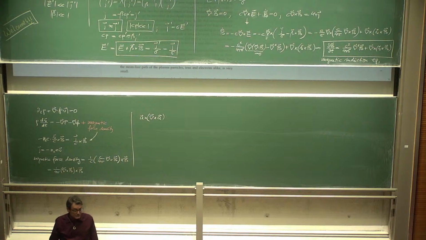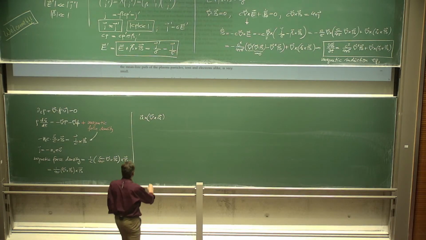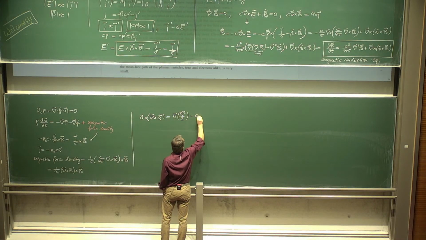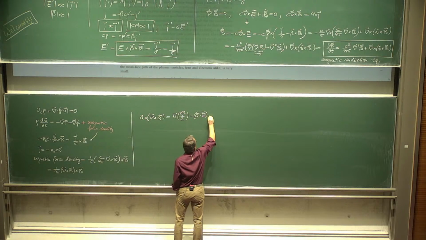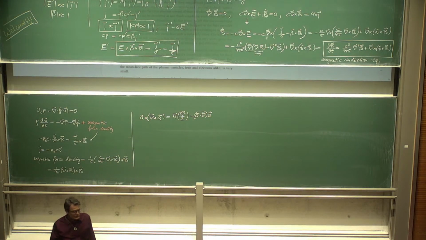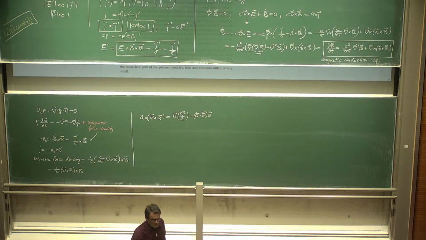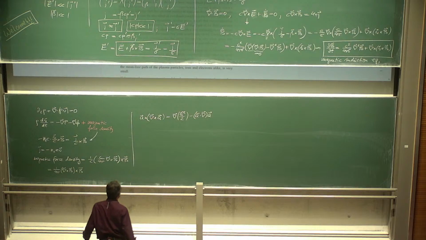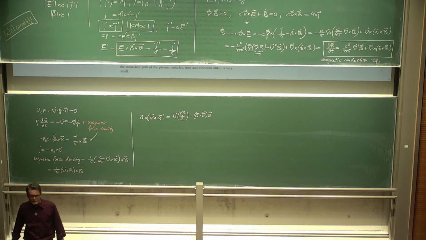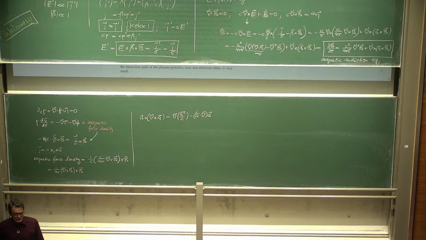A times curl of A, then this is going to be the gradient of A squared over 2 minus A times the gradient times A. You remember, do you? We used that when we discussed the circulation. Do you believe this, or do you want to see it? No. Then believe it, okay?